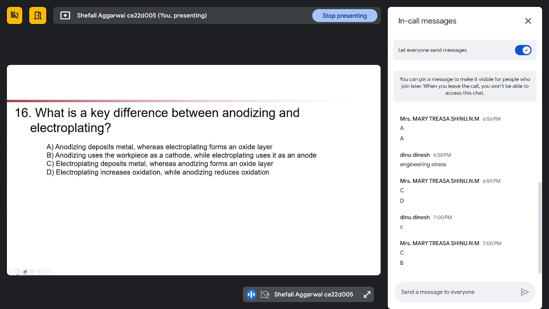Electroplating increases oxidation, anodizing reduces oxidation. We have talked about this in the initial slides. When we are anodizing, we are forming an oxide layer, and when we are electroplating, we are just depositing one metal onto another metal. So the answer is C.